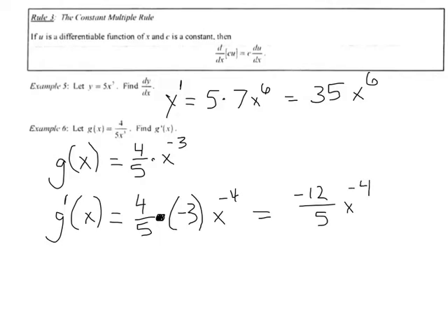And if I want to rewrite it so that our powers are all positive, I could rewrite that as negative 12 over 5 times x to the positive 4 power. That would also be an equivalent answer. So any of these are fine answers, to be honest with you, especially for multiple choice, though you're going to have to figure out how to narrow it down to the one correct one that they give you.